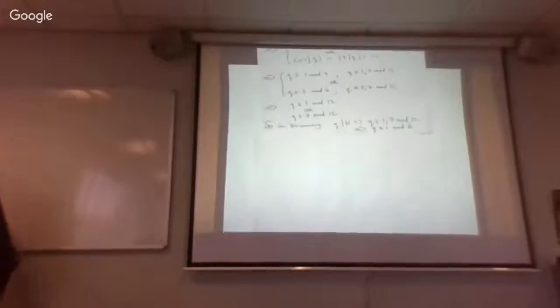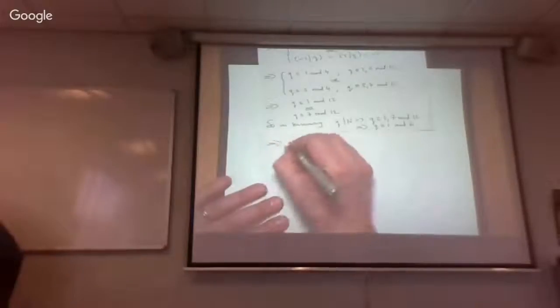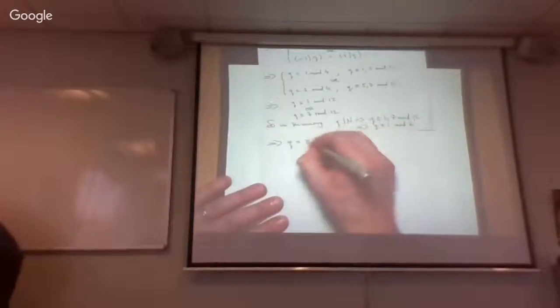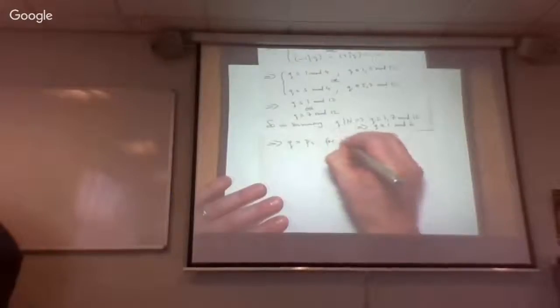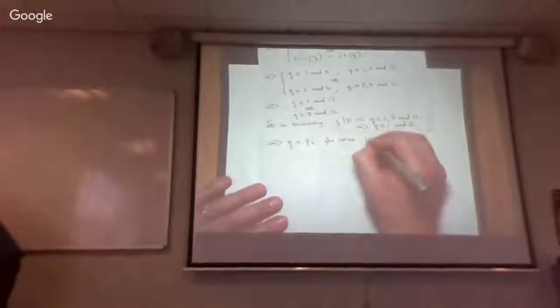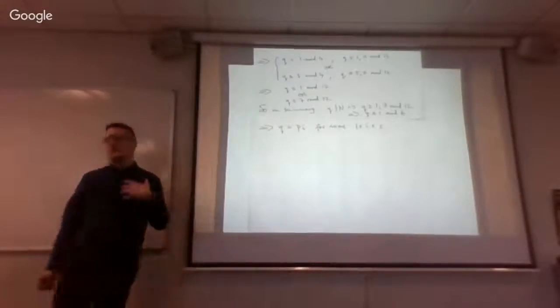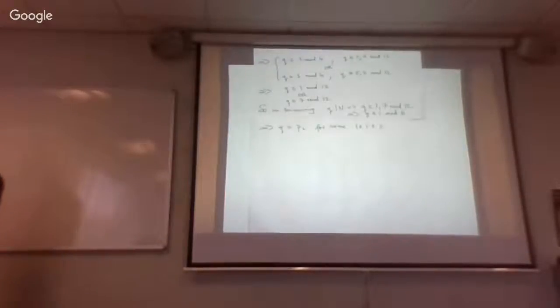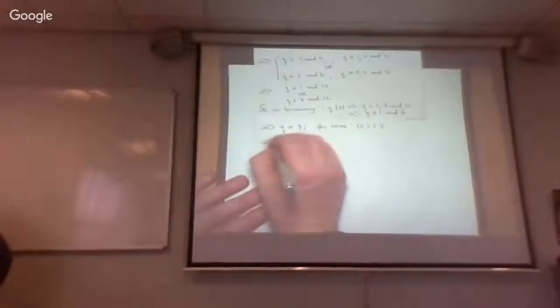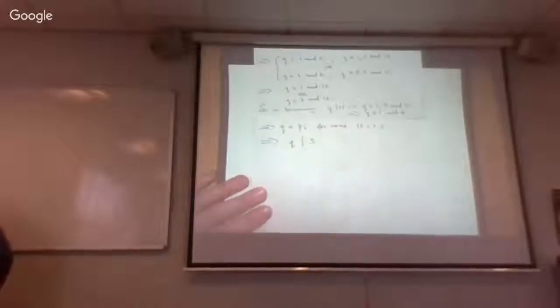1 mod 6, this implies that Q is equal to one of the PIs. Well, you get the story. If it's equal to one of the PIs, then it very definitely divides 3.